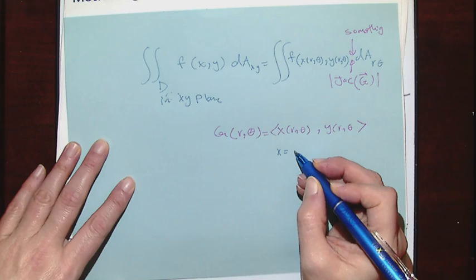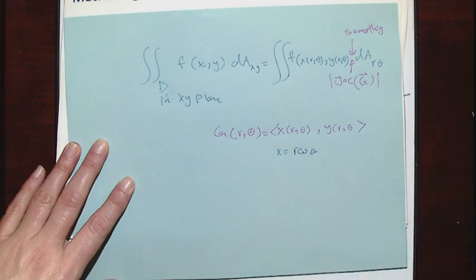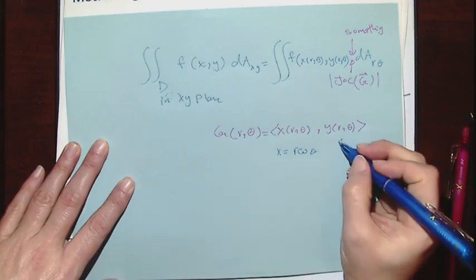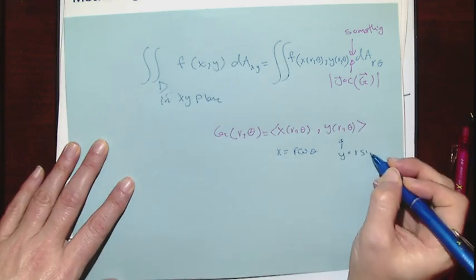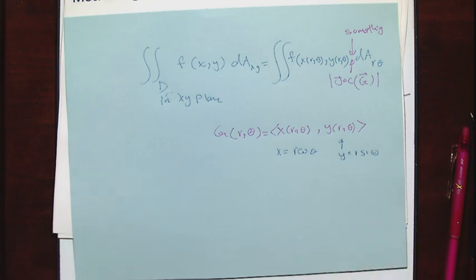The conversion formula. What is y of r and theta? r sine theta. And that's the conversion formula. In here, the change of variable was, instead of x, I had r cosine theta, instead of y, r sine theta.